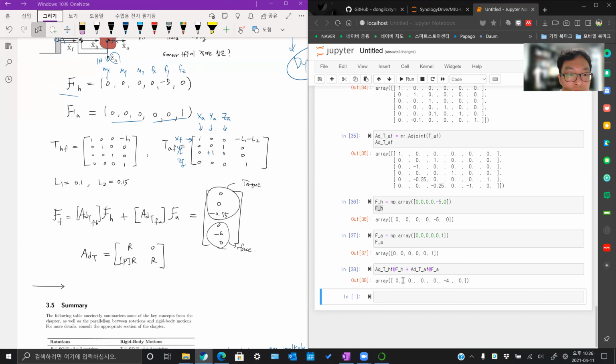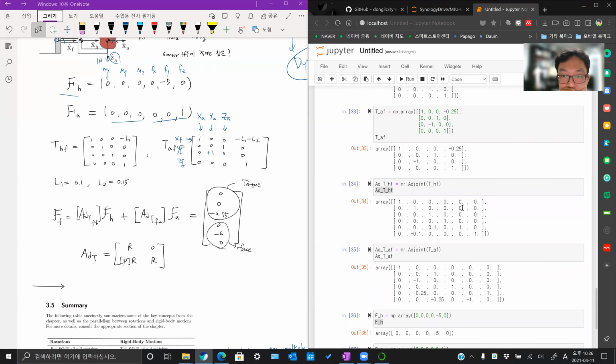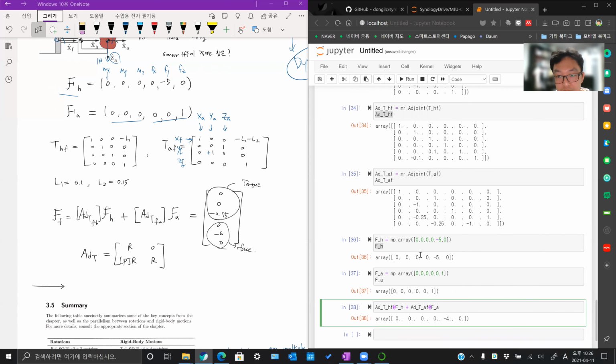What is wrong? For this one, we should have a 6x1 vector. So actually, this one is a horizontal array. So we should transpose in here, at t.